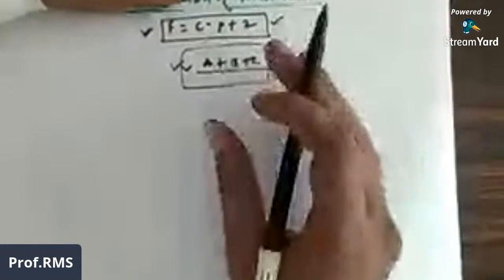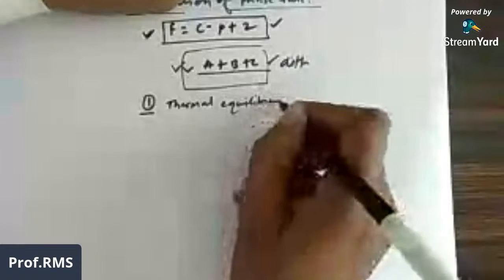If this system is in equilibrium, it must satisfy three conditions. So to derive the phase rule, the system must satisfy these three most important conditions.